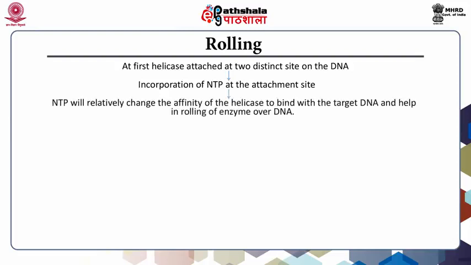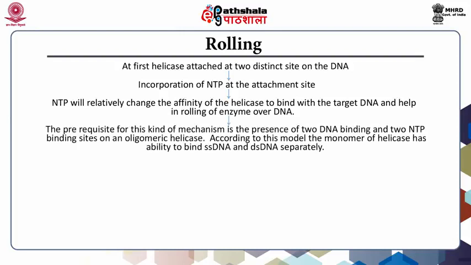The NTP will change the affinity of helicase to bind with target DNA and help in rolling of the enzyme over DNA. The prerequisite for this kind of mechanism is the presence of two DNA binding and two NTP binding sites on an oligomeric helicase.